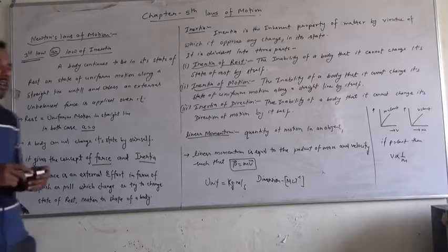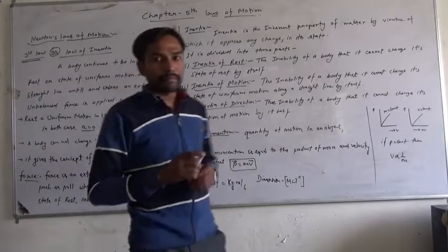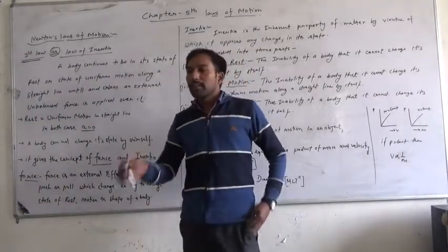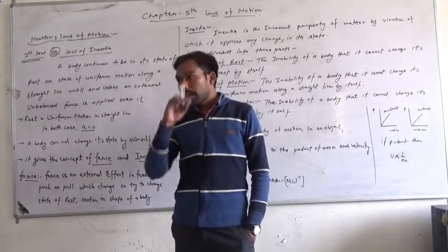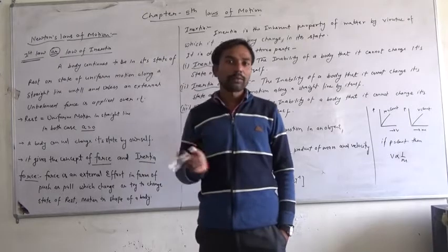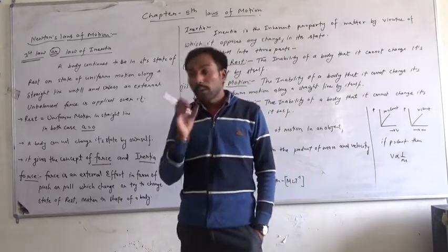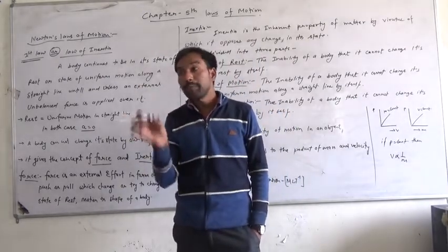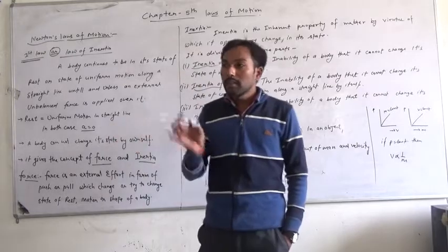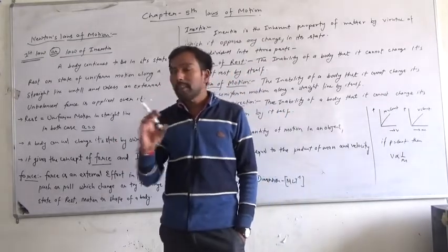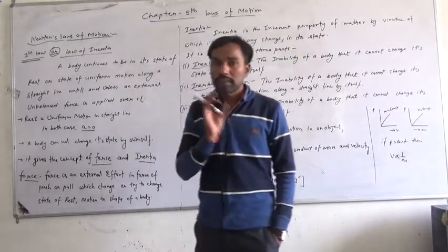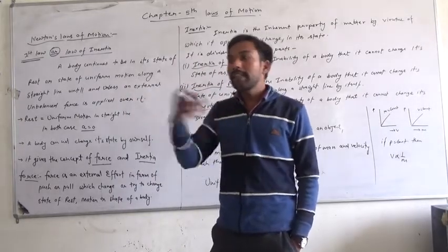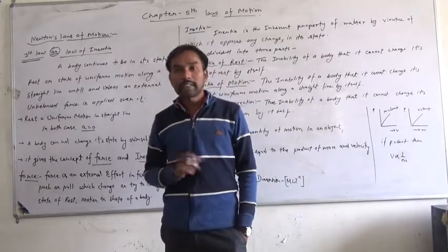According to the first law of motion, a body which is at rest does not go into motion because of its inertia. Why does a body which is at rest remain at rest? Because the body has a certain mass, and mass has a property known as inertia, which opposes any change of its state.